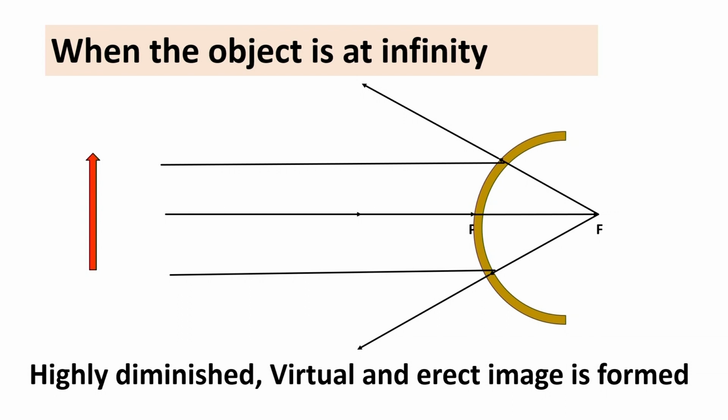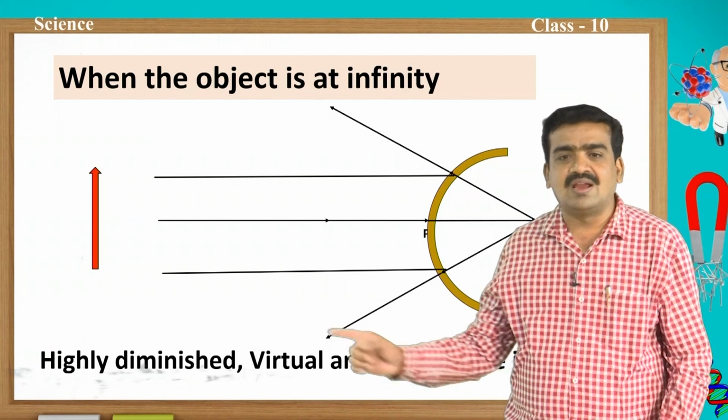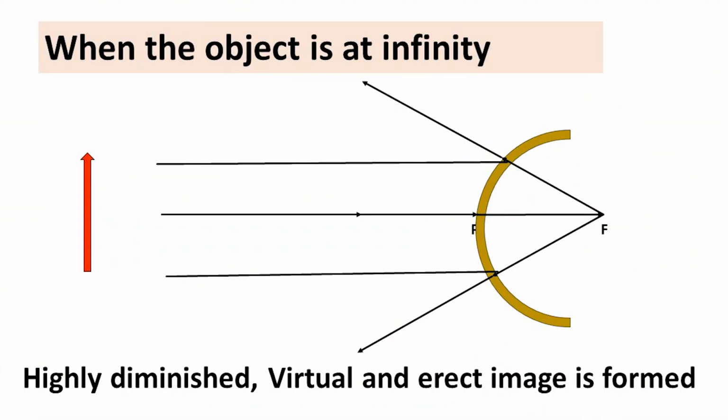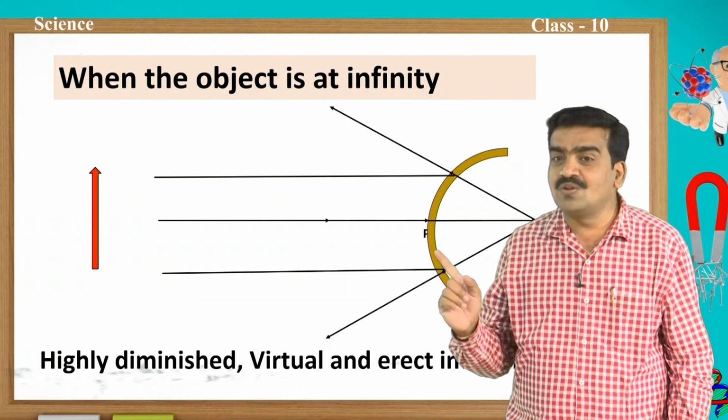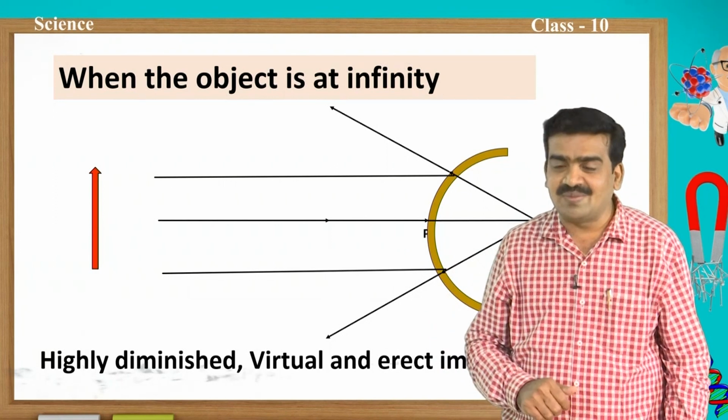When the object is placed at infinity, a highly diminished, virtual and erect image is formed. In case of a convex mirror, you have to notice that the image is virtual, erect and diminished, and there is no enlarged image. A convex mirror does not produce an enlarged image.